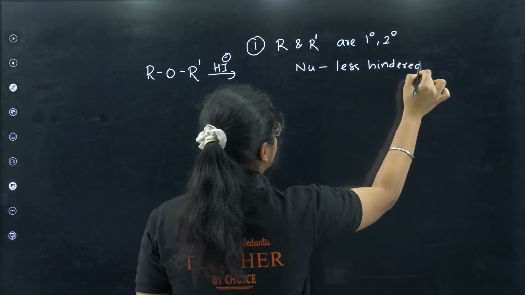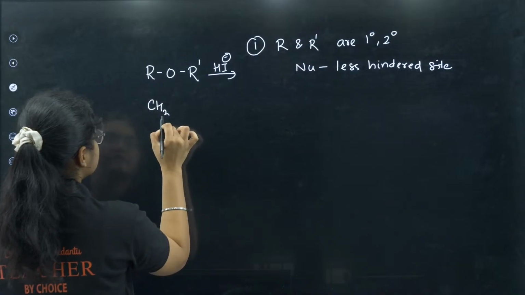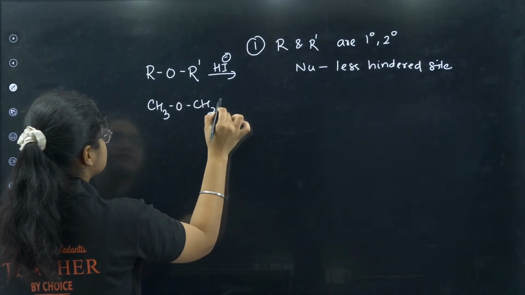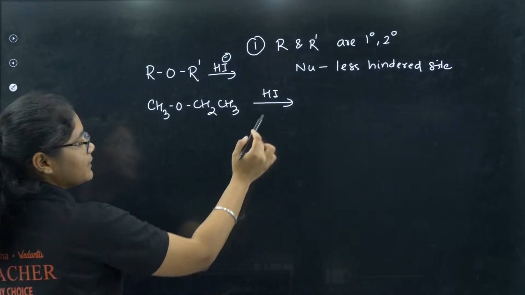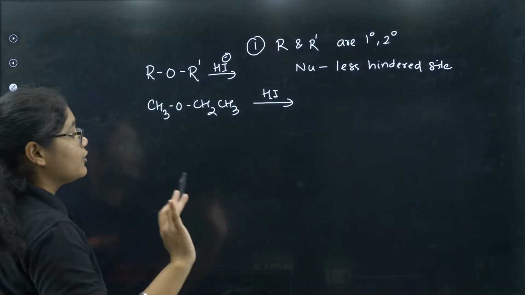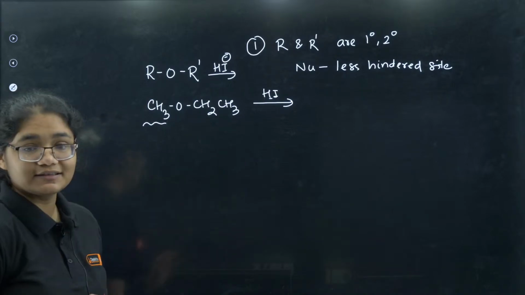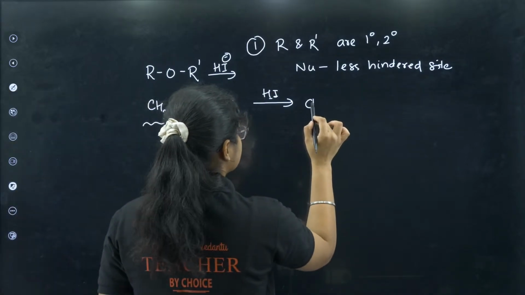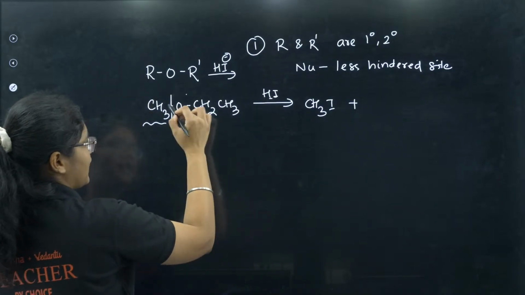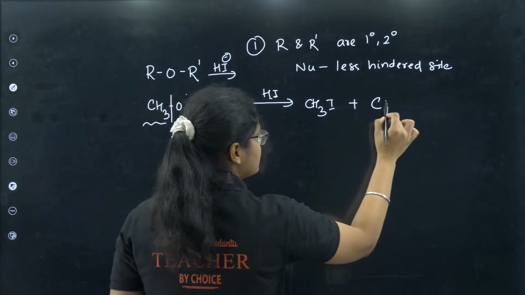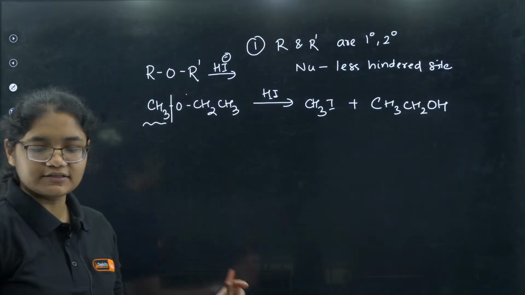For example, CH3OCH2CH3 treated with HI: the nucleophile I- will attack the less hindered site. Both are primary, but the methyl side is less hindered, so CH3I will form, the bond breaks, and H is added to give CH3CH2OH. That's the first case.